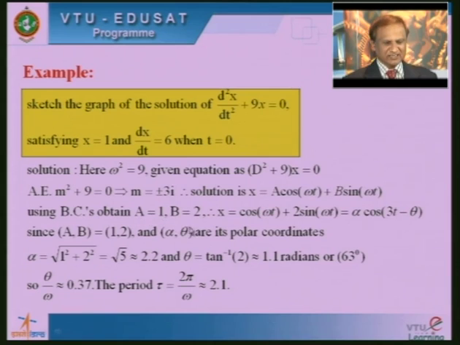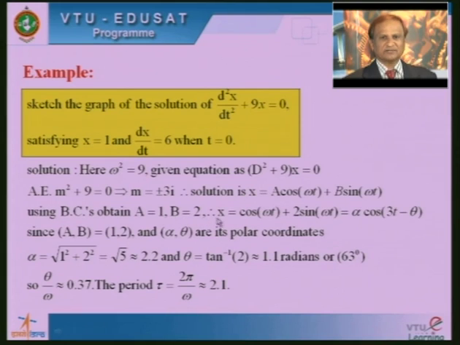Now, exactly in a similar way, we want to obtain the value of b. How are we going to obtain it? They have given one more condition, dx by dt is equal to 6 when t is equal to 0. Using this boundary condition, I can obtain the value of b. It is very simple. You can find the derivative of this equation, then substitute these values and simplify.